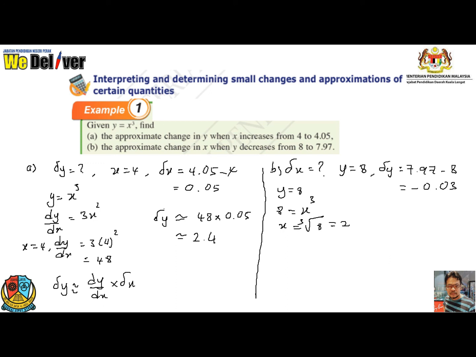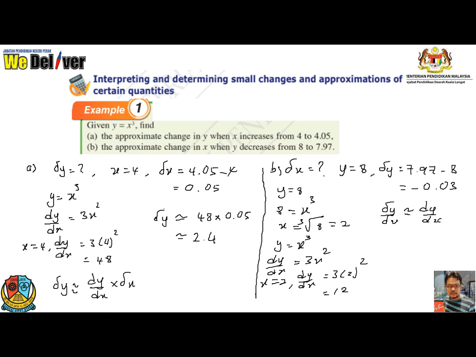X equals 2. Then find dy over dx, because y equals x cubed, same function. So dy over dx equals 3x squared. When x equals 2, dy over dx is 3 times 2 squared, so dy over dx equals 12. To find delta x, we use the formula delta y over delta x is approximately dy over dx.